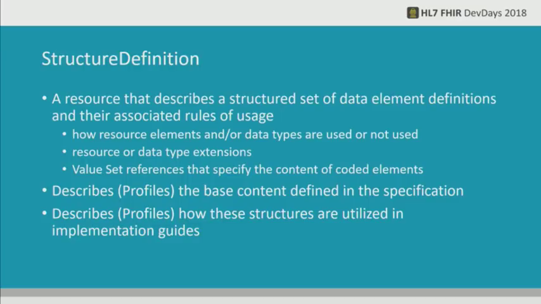When you get to an implementation guide, to actual use cases out there, you're going to build structure definitions that extend the base profiles and then add additional constraints. Those constraints can be simply cardinality rules: I now make it required with a 1. Or I could put logic in the structure definition through expression language to do more complex things, like, this field is required if this code value is X.